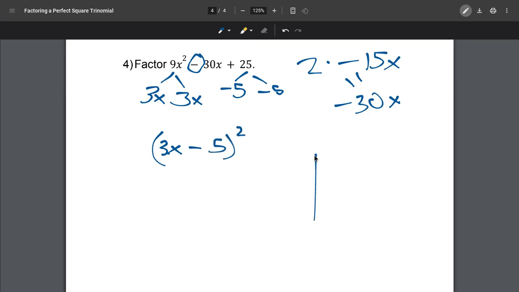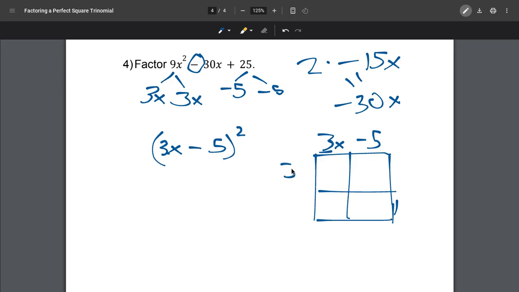Let's check via the Punnett square. So we've got 3x minus 5 and 3x minus 5. 3x times 3x is 9x squared. 3x times negative 5 is negative 15x. 3x times negative 5 is also negative 15x.